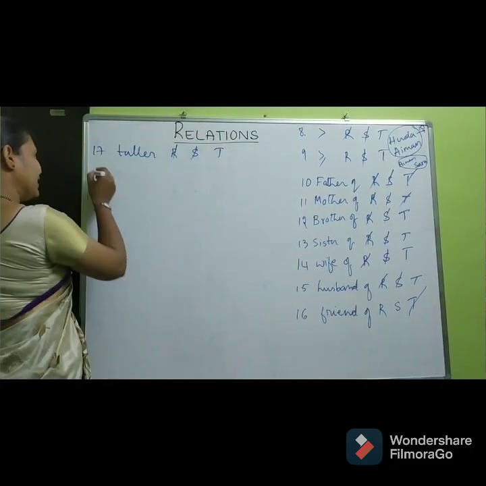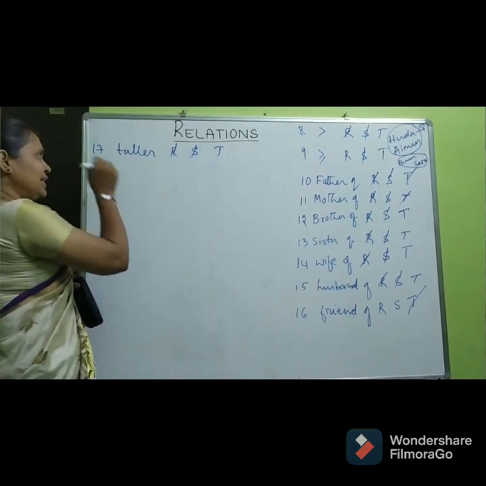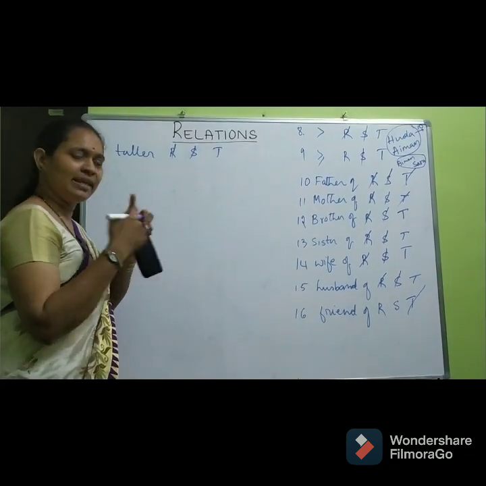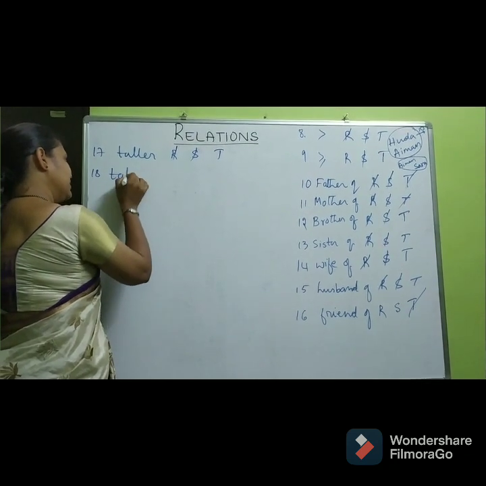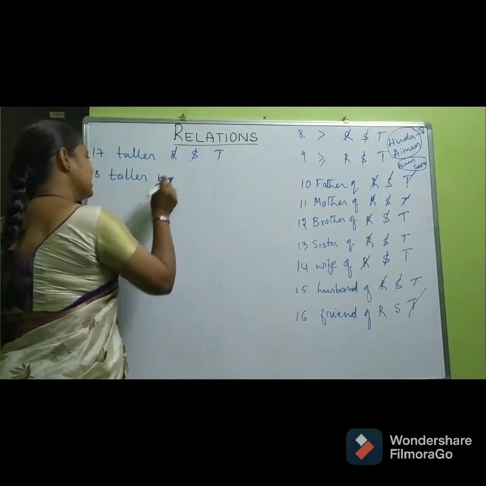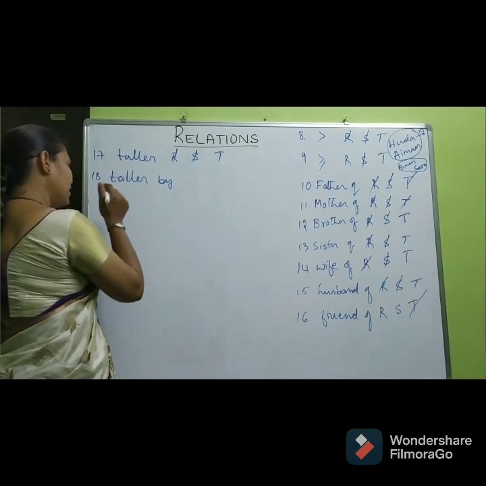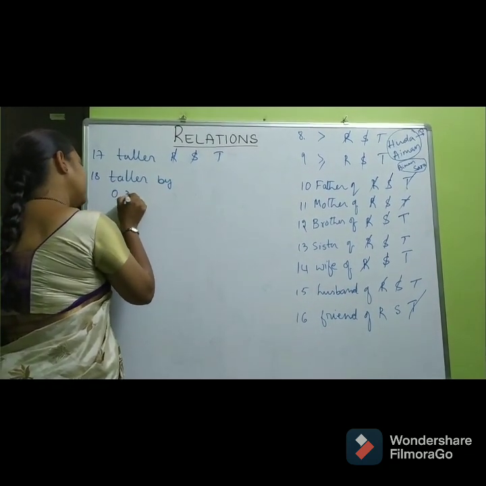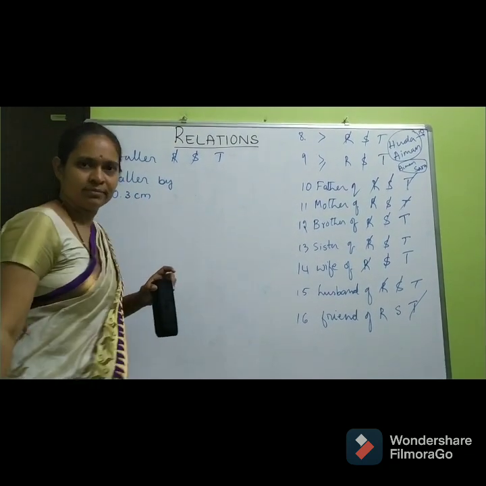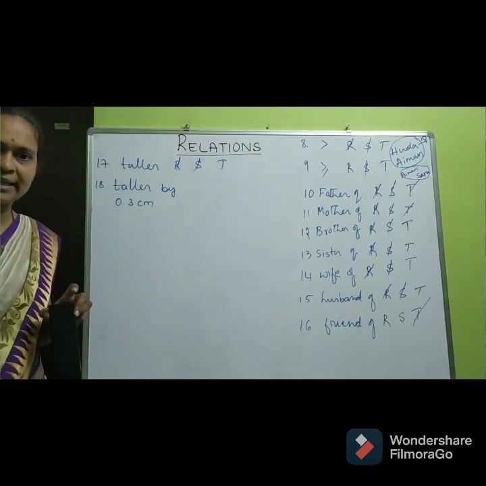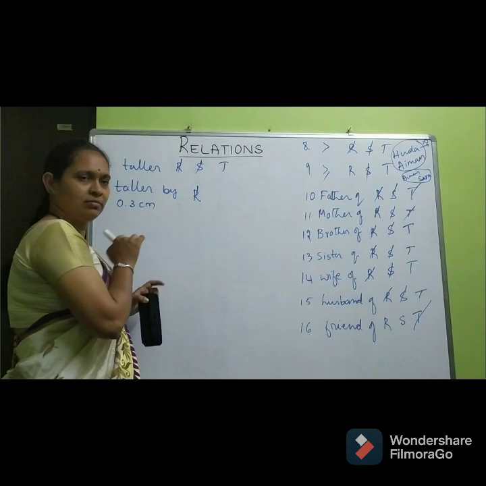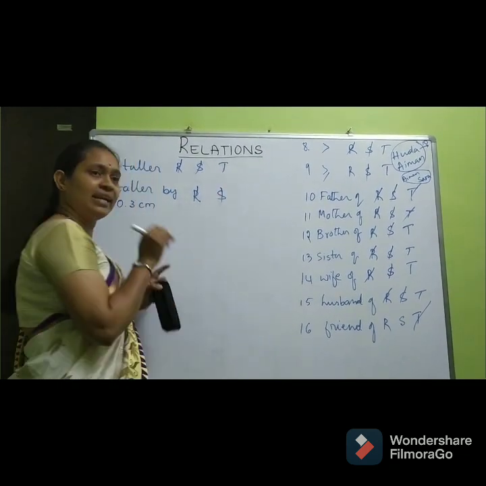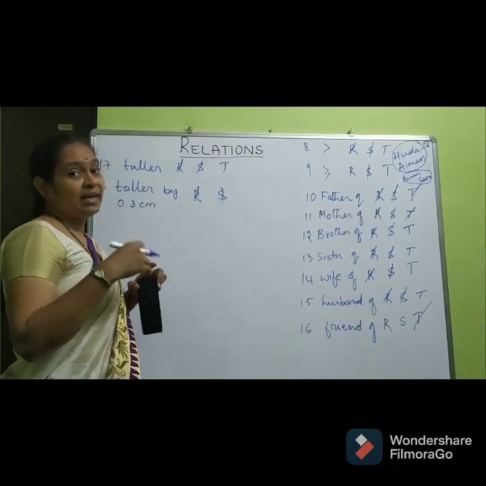But here, in taller, they may give a little change. They will fix a number: taller by 0.3 centimeter. Now it can't be reflexive, it can't be symmetric, and it can't be transitive either.